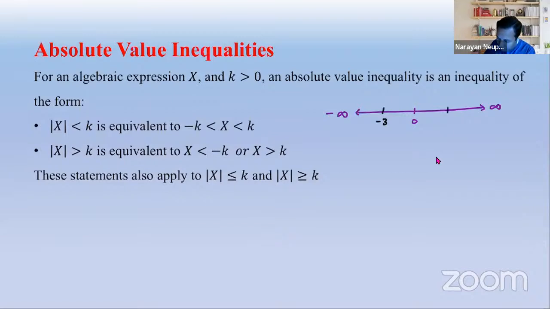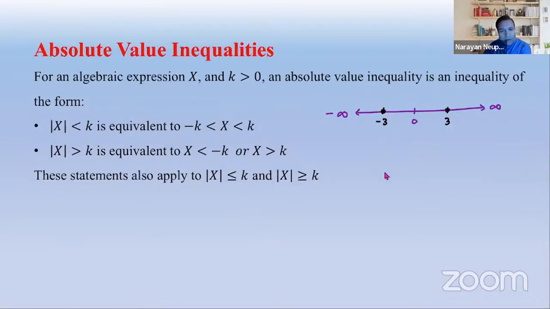The absolute value of -3 is 3. Similarly, the absolute value of 3 will also be 3.